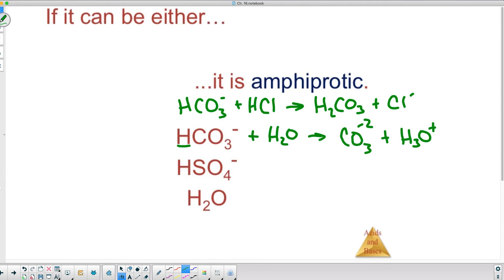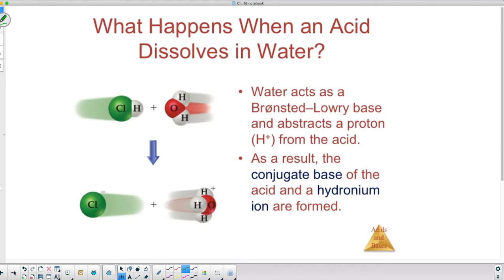Here it's an acid because it donates the proton to the water, and here it's a base because it accepts the proton from another acid. So here I have an acid and here I have a base for HCO3 minus. That's just one example of an amphiprotic species or molecule. Just letting you know that that can happen.